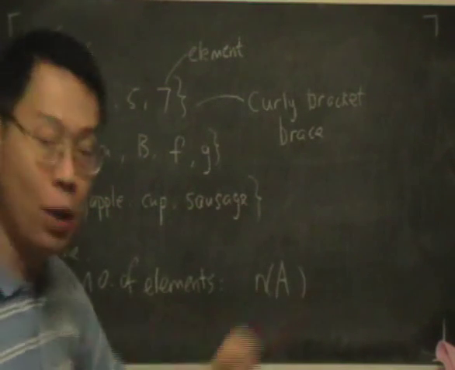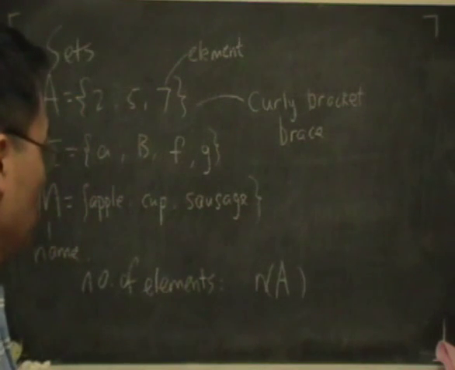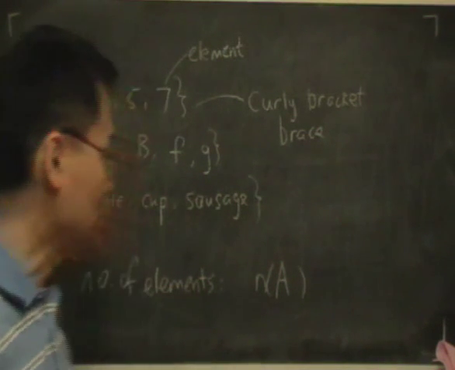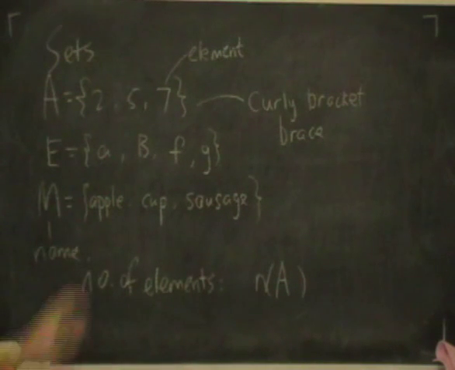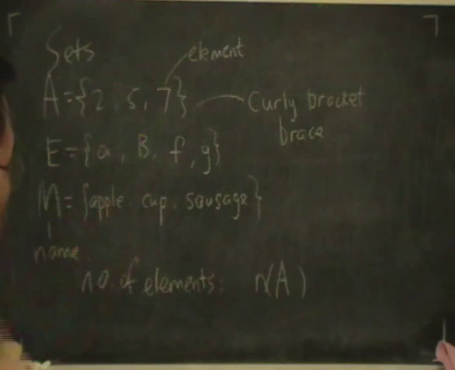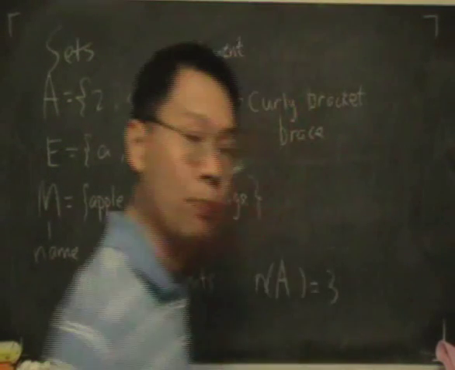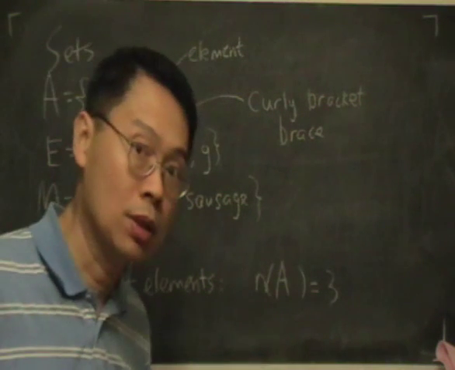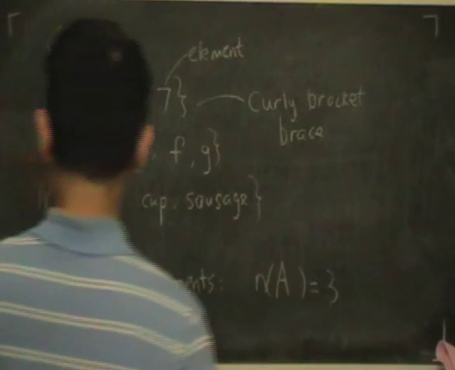So if I see n bracket A, this means the number of elements. Of course, just writing down this symbol does not tell me what the element is. It simply means that this symbol represents that number. So for example, if in this case I know that the number is 3, I would write n bracket A is equal to 3. So what we are learning here is the meaning of this symbol, little n with the bracket. That's number of elements.